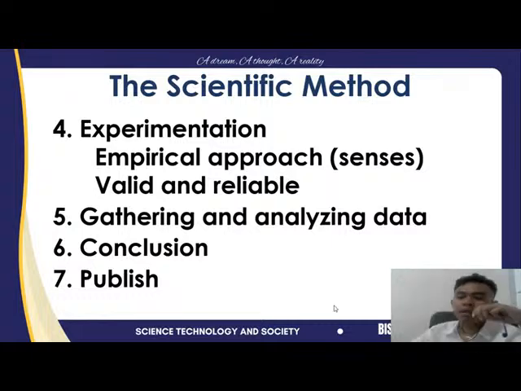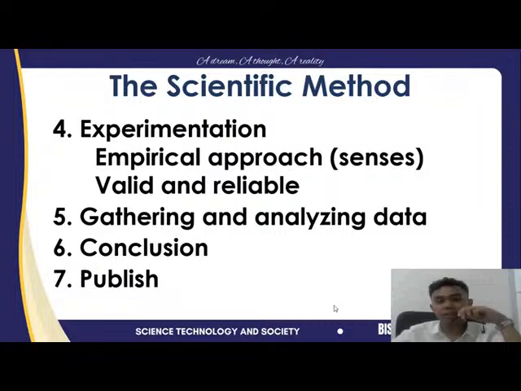Some areas of science can be more easily tested than others. For example, scientists studying how stars change as they age cannot fast forward a star's life by a million years. If direct experimentation is not possible, the scientist can modify the scientific method. As what I have said, it depends on the case.